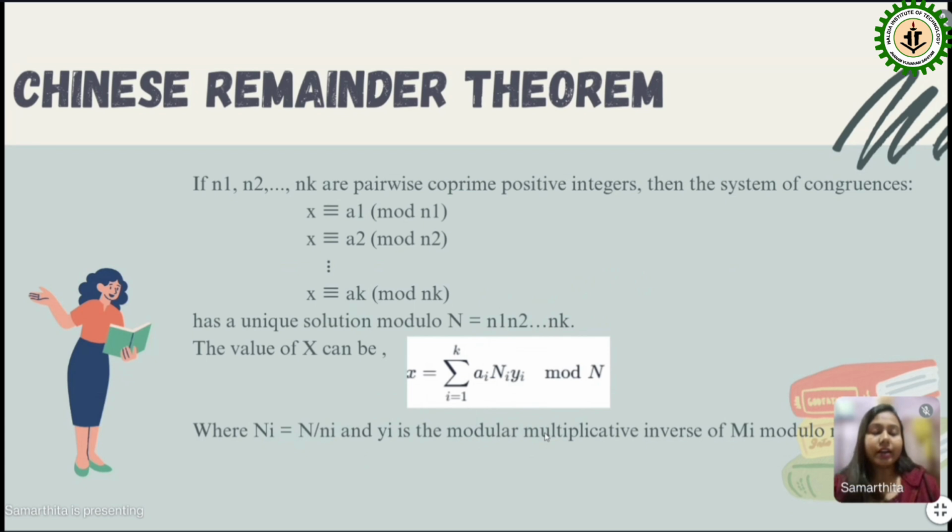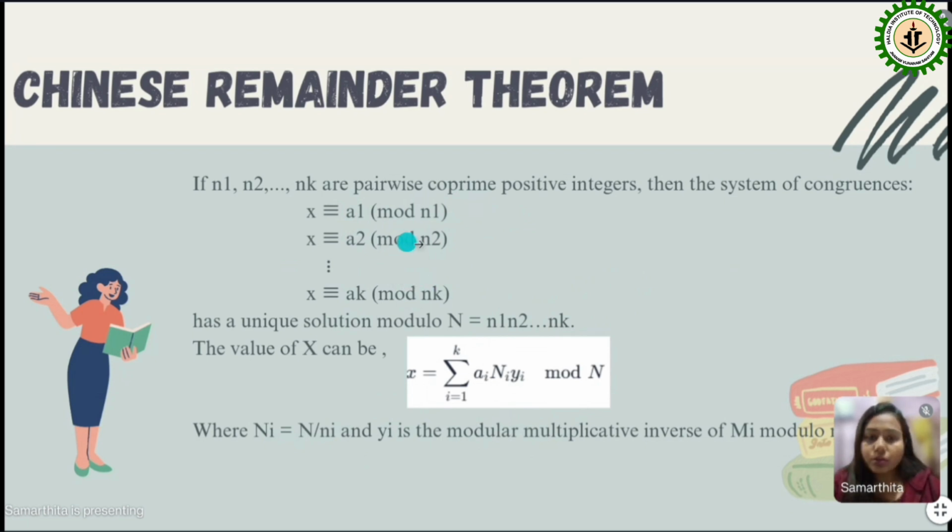Now the CRT, the Chinese remainder theorem, is used to solve a set of different congruent equations with one variable but different moduli. Here the moduli are n1, n2, and so on. For k different equations, there are k different moduli, and they should be relatively prime. This is the most important characteristic of the Chinese remainder theorem.